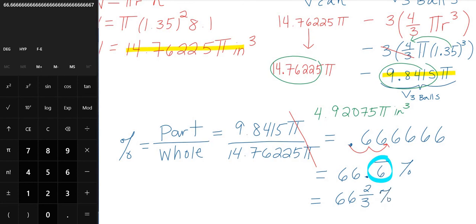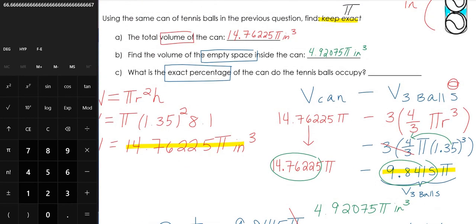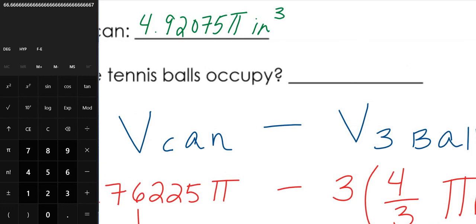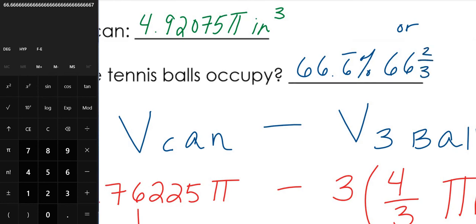That's exact. All right, let's go to the top, put our answer in, and we'll be done. 66.6 repeating percent, or 66 and 2/3%.